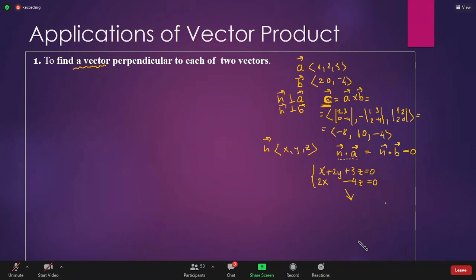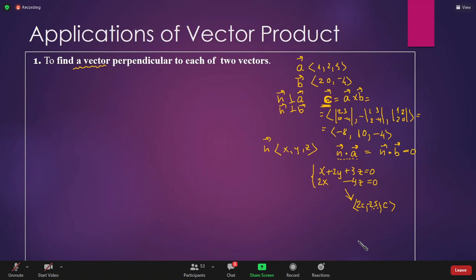It could be, for example, something like c, then 2c, and then minus 2.5c. We could actually solve this system.